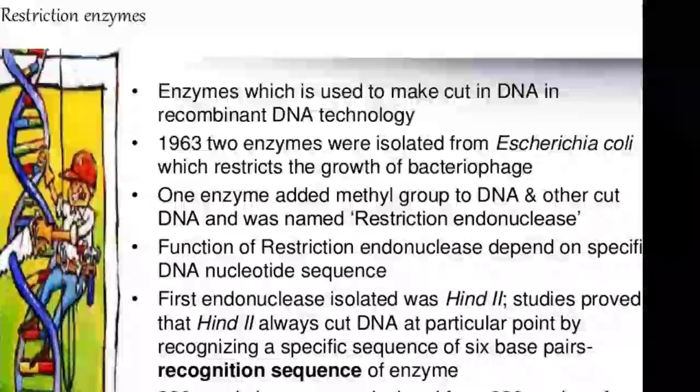One enzyme added a methyl group to the DNA and the other cut the DNA, and that was named the restriction endonuclease. So, two enzymes were isolated from this bacterial cell.